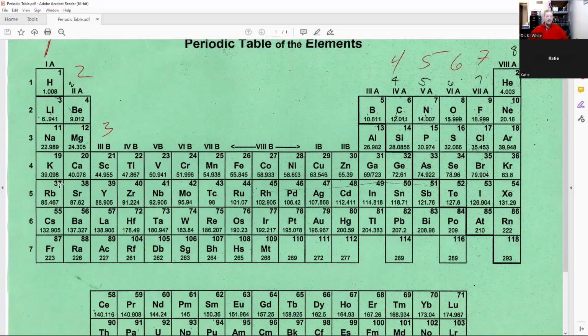If I wanted a mole of sodium, well, the atomic weight is equal to 1 mole of sodium in grams. And that's 22.989. To 3 significant figures, it's 23.0 grams.